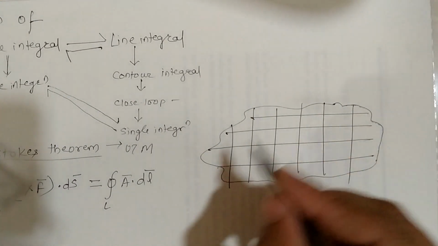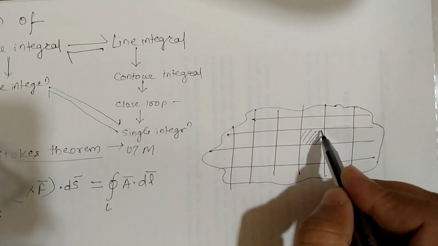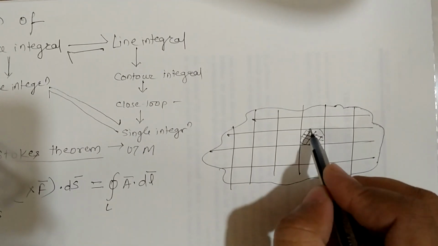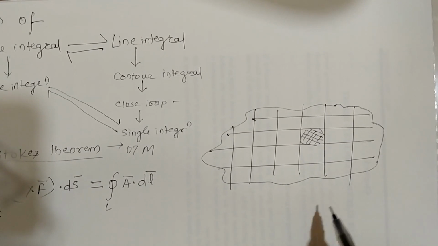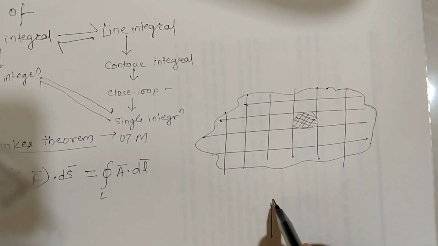Now out of these small surfaces, we are considering this much amount of the surface area. So I am drawing that part as a zoom part.